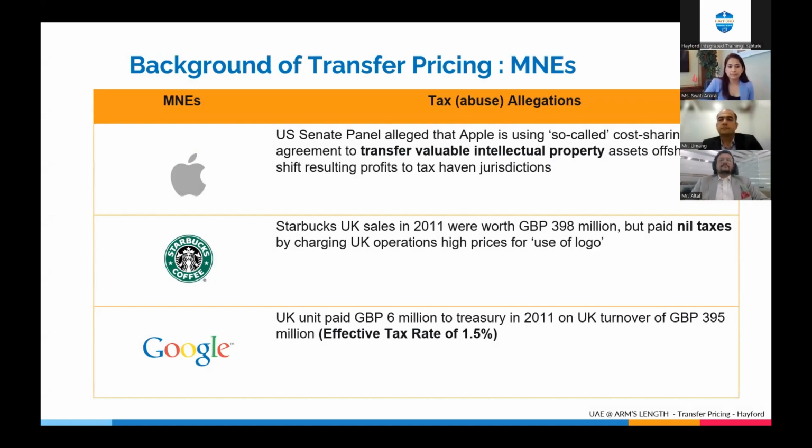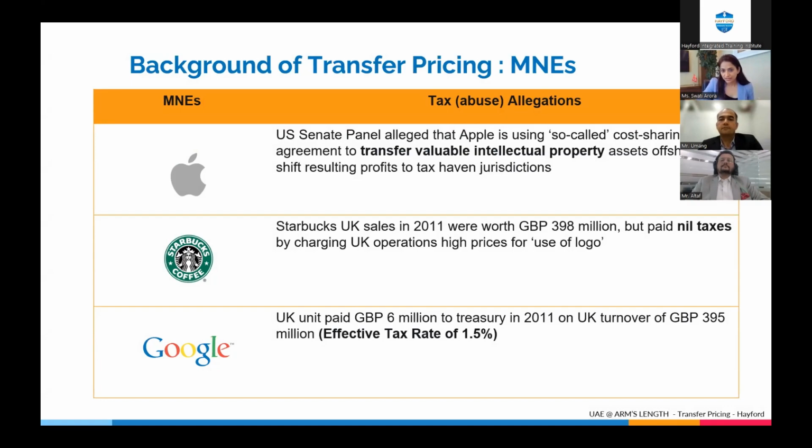So to give a simple answer to why transfer pricing, we have these examples which we use in our day-to-day life: the Apple phone, Starbucks, Google, so it's easier to relate. These are some of the companies who were charged with an allegation during the period of 2010 to 2013 that they had abused the transfer pricing rules.